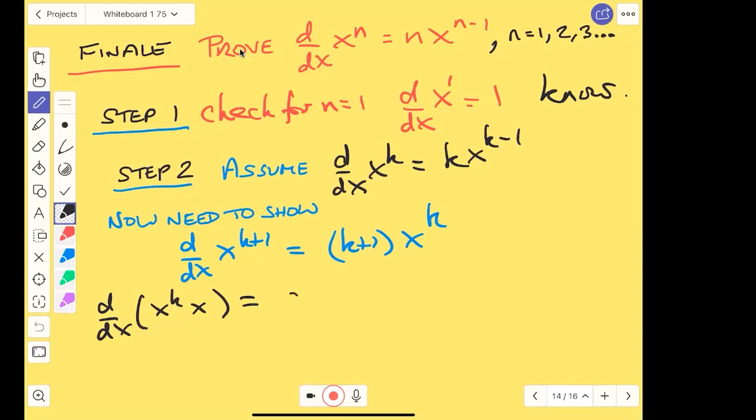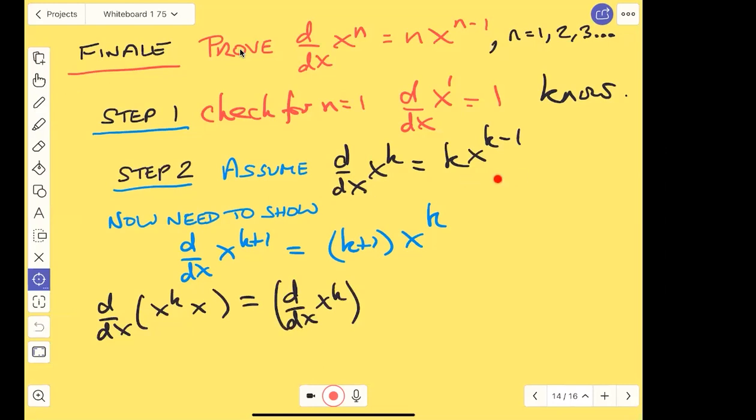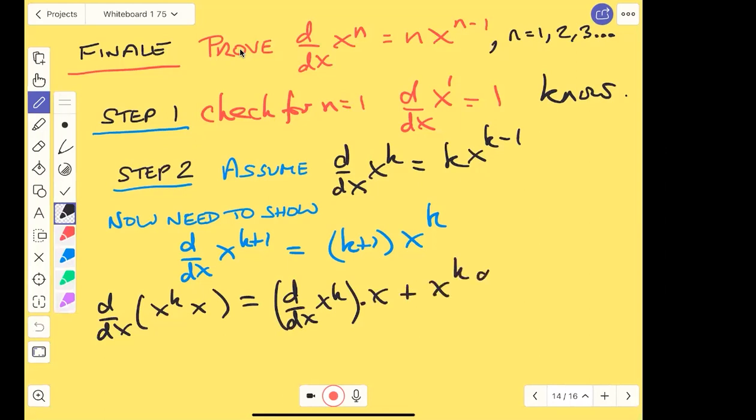So we have the derivative of x to the k, and that's great because we've assumed that, times x plus x to the k times the derivative of x. This is 1. This, from our assumption, is k times x to the k minus 1.